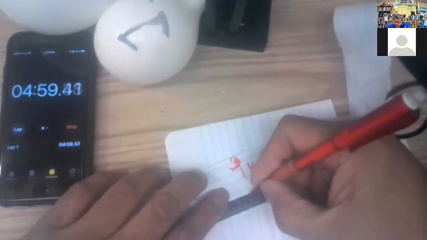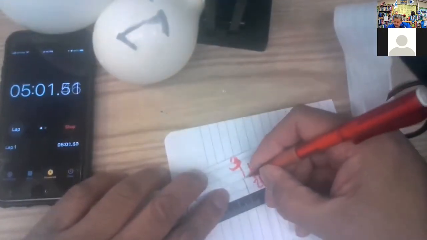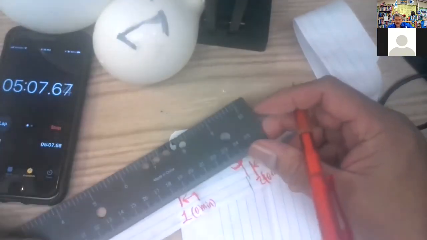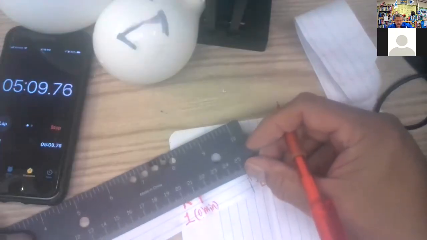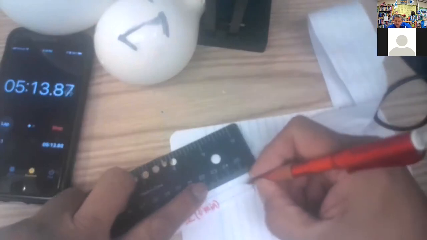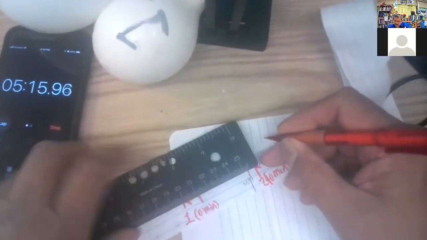25 is right there. Number 3, though, is 25 point, let's say 2. Let me show you this way. 25 point, maybe 4. 25.4 on that one.